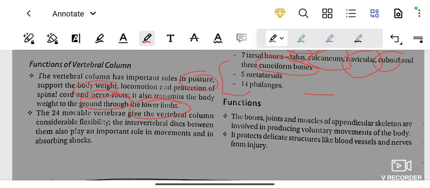The 24 movable vertebrae make the vertebral column considerably flexible, and the intervertebral discs between them also play an important role in absorbing shock, that is, acting as a cushion.